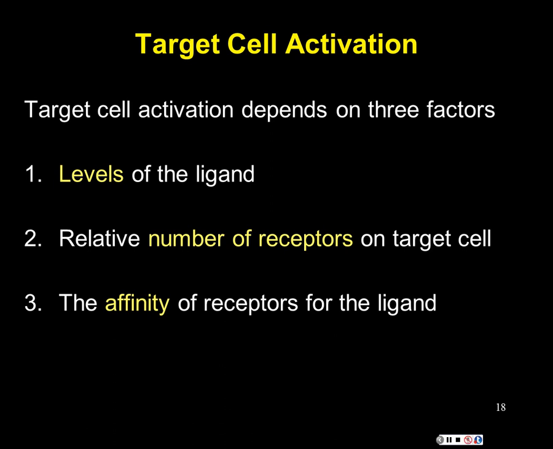What does that mean? How much and how well it binds to the receptor. So yes, maybe a ligand binds to the receptor. Does it bind well and quickly, or is it kind of slow and delayed? That's going to affect how the target cell is going to respond to a messenger.